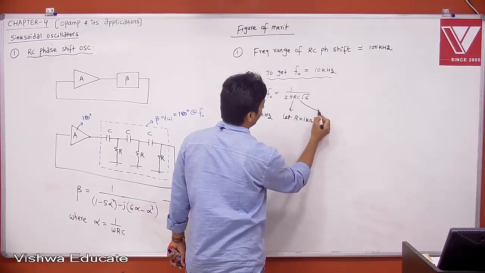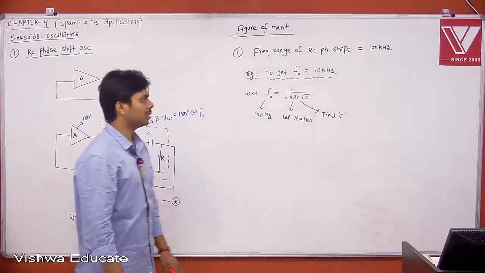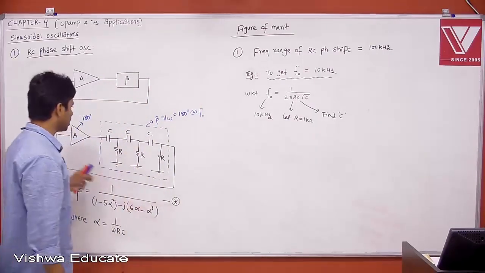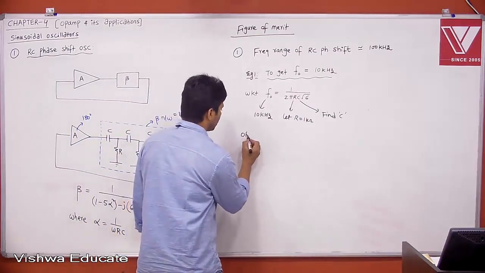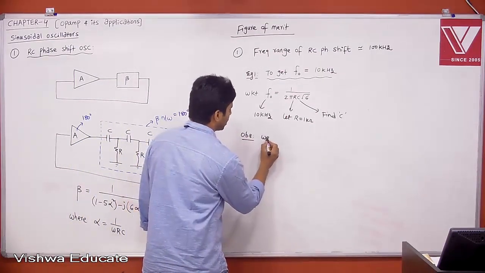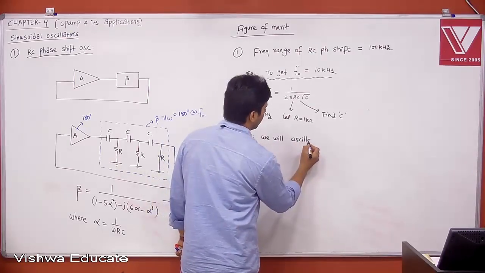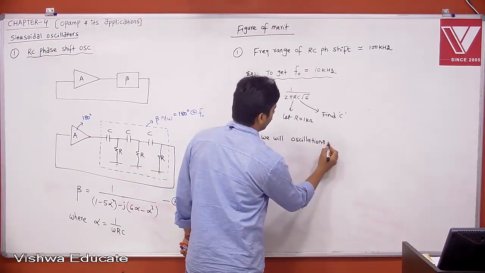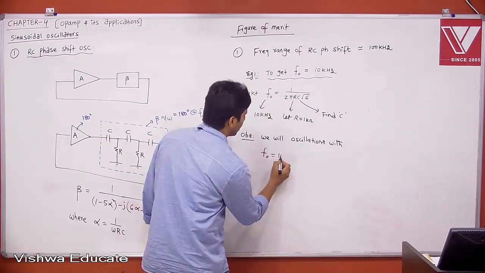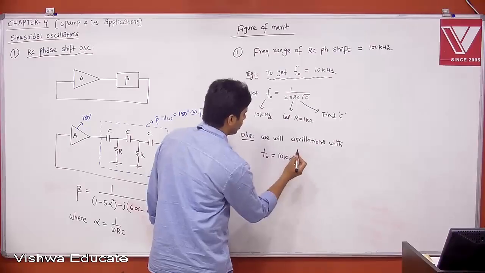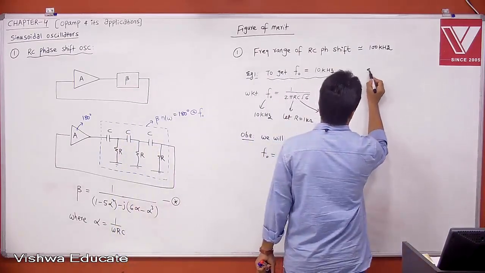Then find C. Substitute that C in the RC phase shift oscillator circuit, then you will get oscillations with F naught equal to 10 kilohertz. That is fine. Therefore, you will get it. Now, example 2.